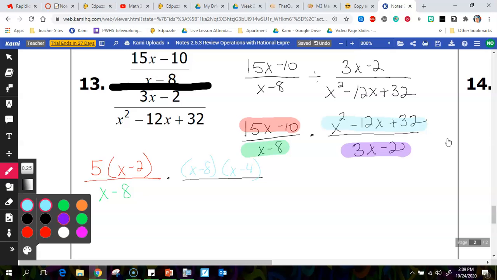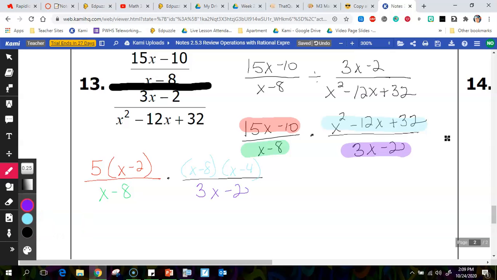The purple, I can't factor that. So I just rewrite it. Okay, so now I can cancel stuff. The only thing I can cancel is this, I think.